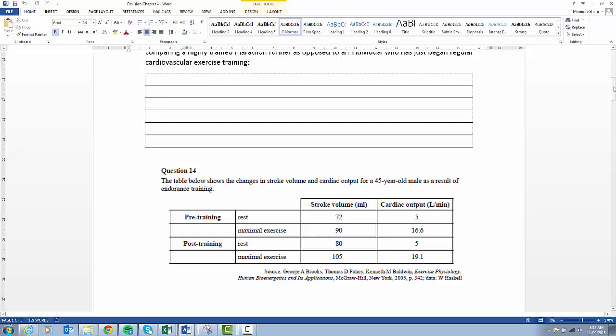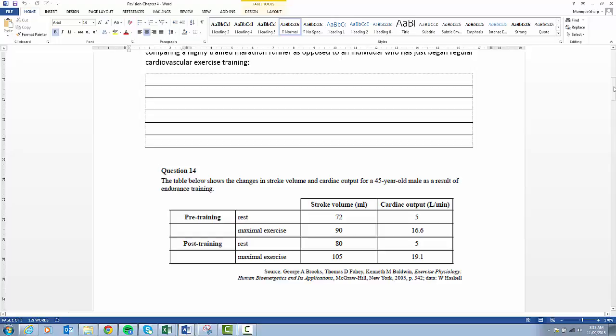This one you've seen many times before, so let's only spend a little while on it. This is talking about the difference from rest, submax, and submax to max. We're looking at the changes in stroke volume in a 45-year-old male as a result of training. Pre-training at rest, stroke volume was 72 mils versus post-training at rest was 80.